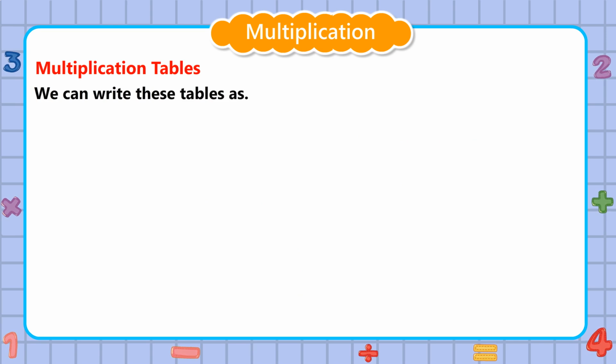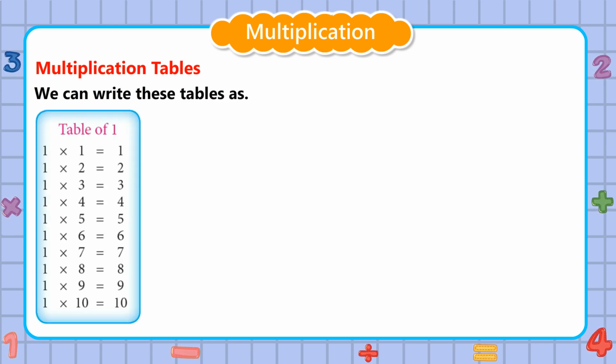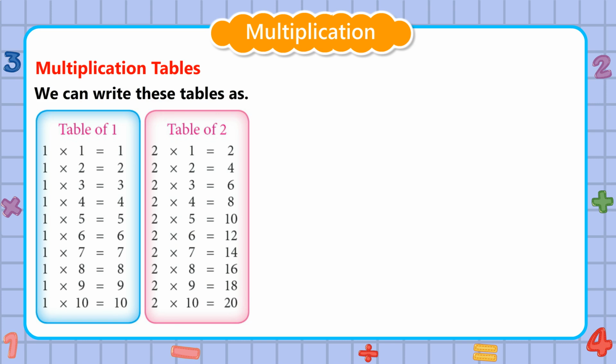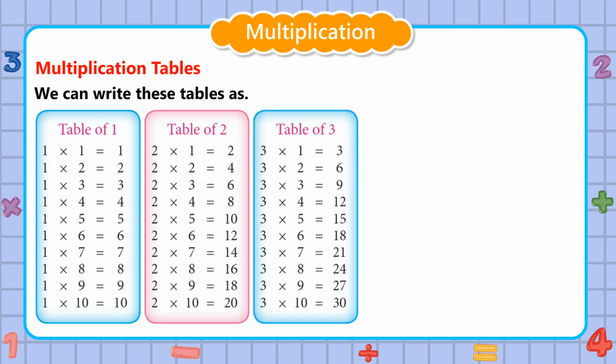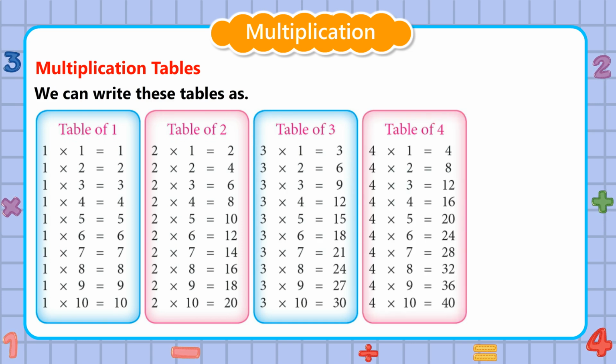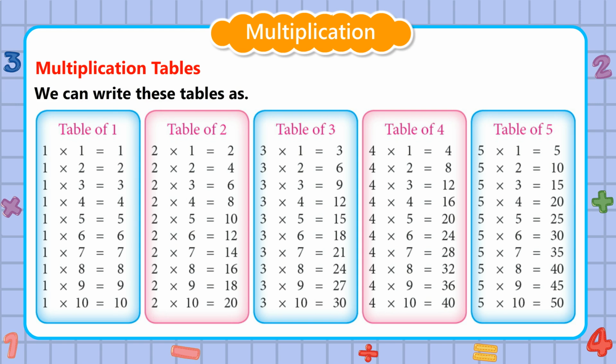We can write these tables as table of 1, table of 2, table of 3, table of 4, table of 5.